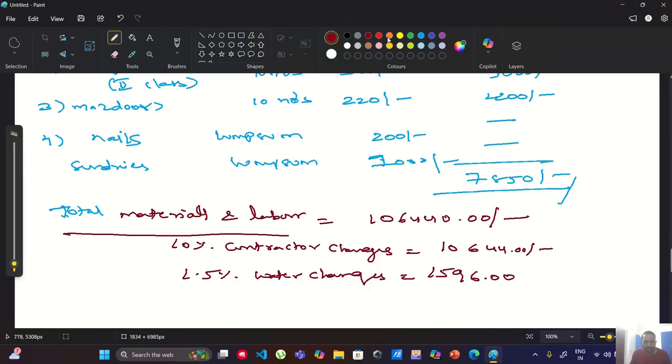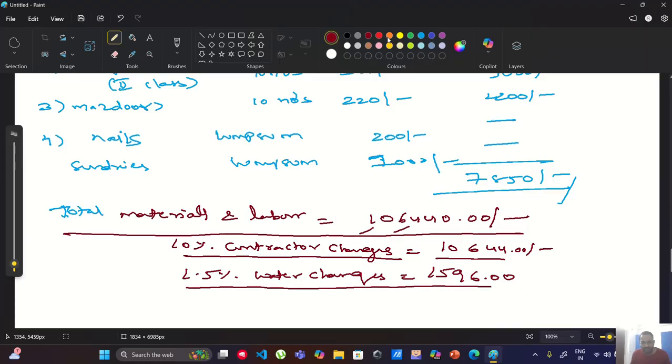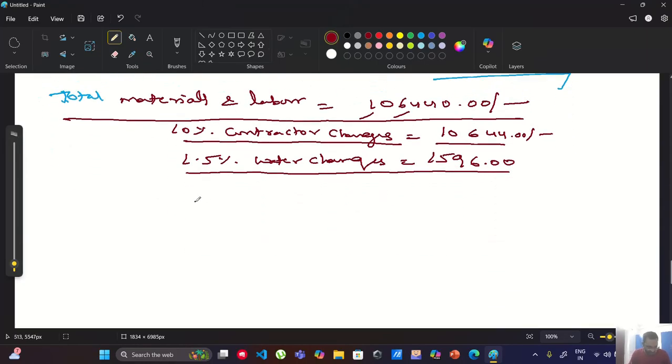So this is the total cost of material and labor, that is 1,06,440 rupees, and add 10% for contractor profits, it will be 10,000, and add 1.5% for water charges. And finally now I am calculating the cost.